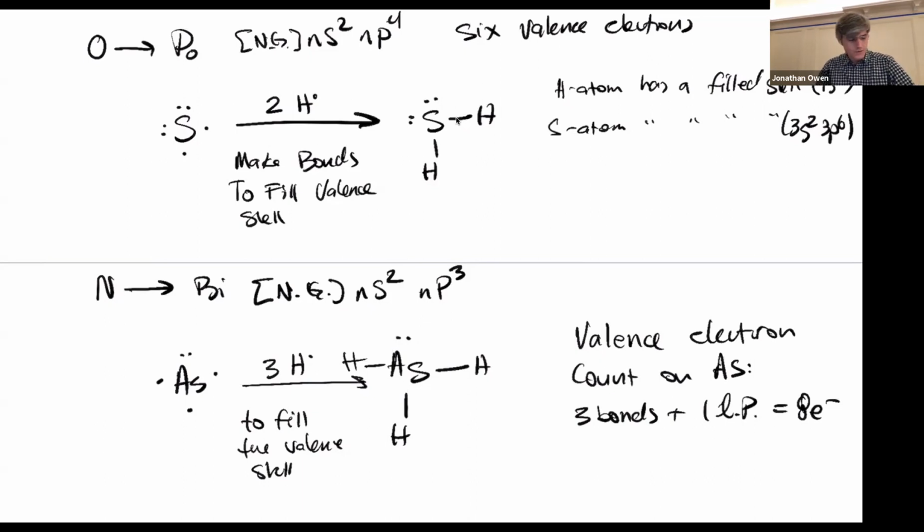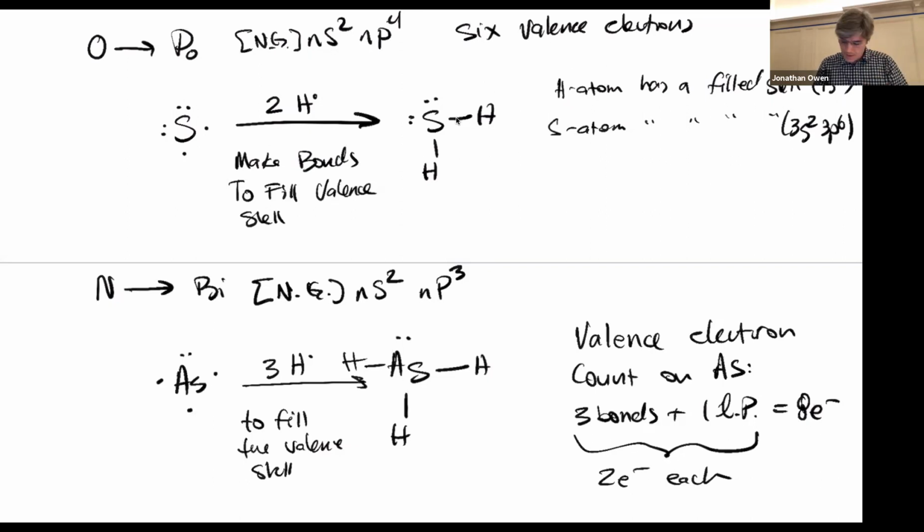Each of these has 2 electrons. So this all makes sense, but some of you are going to have to pause to do this as you go through the assignment, trying to get to 8 electrons. If you've got 5, you need 3 more. If you've got 2, you need 6 more.